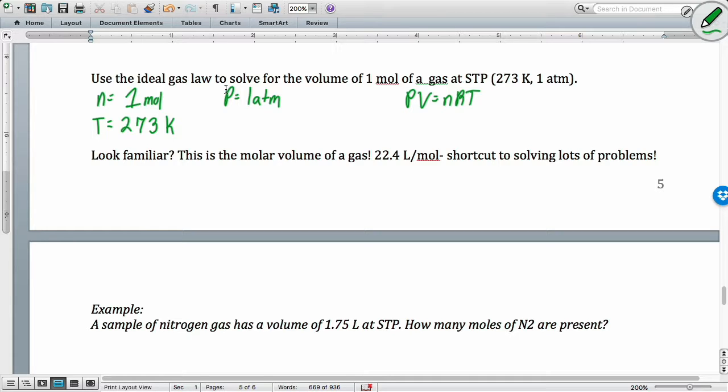So again, the R that we're using is the atmosphere one, 0.08206, and I want to know the volume. Let's plug it in. So 1 times volume equals n, which is 1, times 0.08206 times 273.